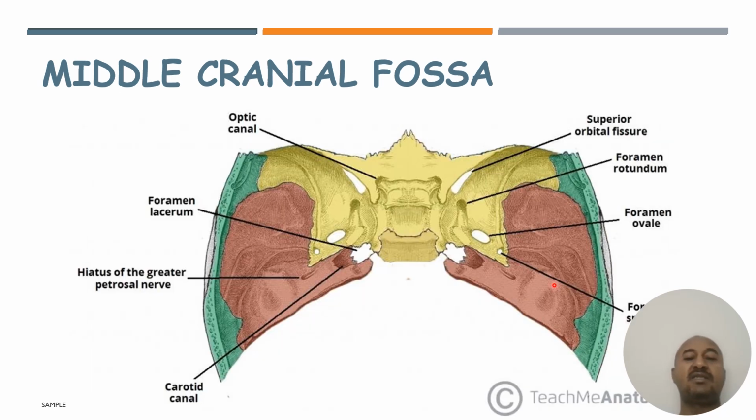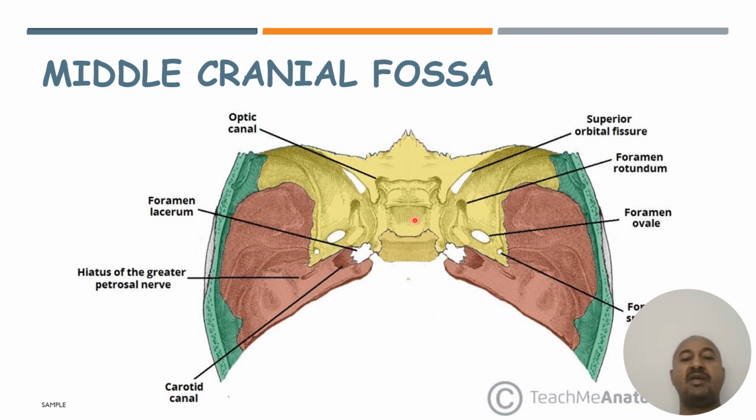Okay, let us study the foramina and the structures that pass through these foramina in the middle cranial fossa, and we start with the sella turcica, which is here. The sella turcica houses the pituitary gland, a very important master gland for all the endocrine system in the body.